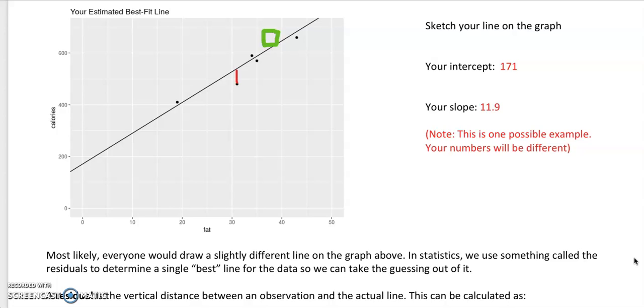A residual is just the vertical distance between what we actually saw and the line that we have. For this example, here's my point, and this red line that I drew represents the residual. This is the distance between my line and the point. And remember I said vertical distance.